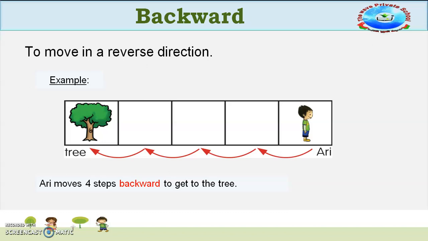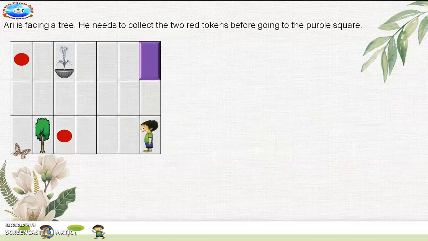Next, we are going to describe the movement of an object by using the direction words forward, backward, clockwise and anti-clockwise, also the quarter, half and full turns. See this. Ari is facing a tree. He needs to collect the 2 red tokens before going to the purple square.